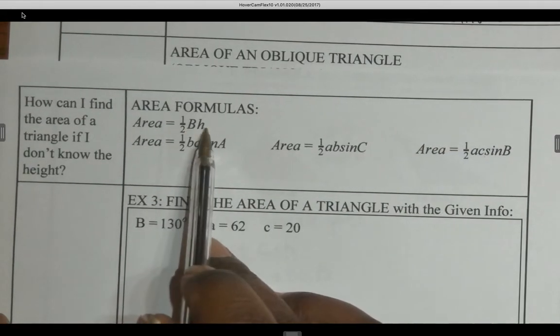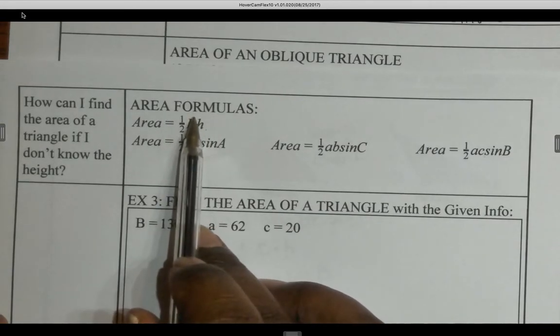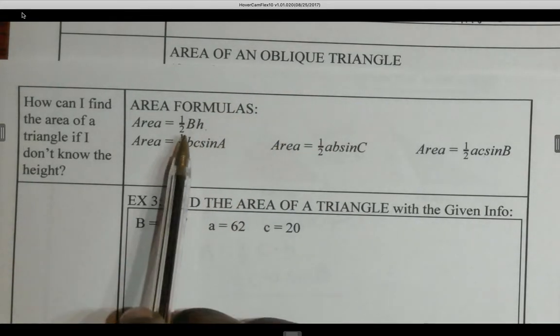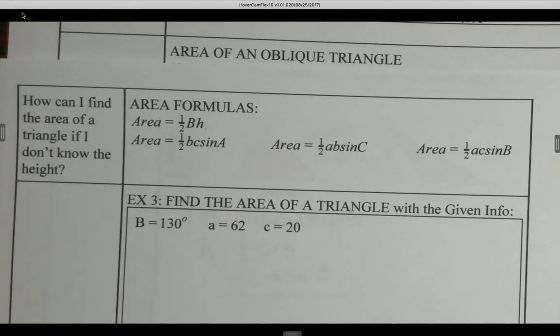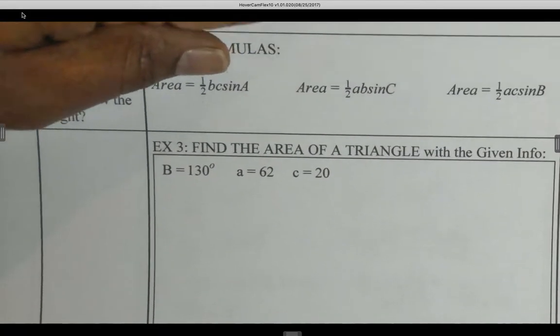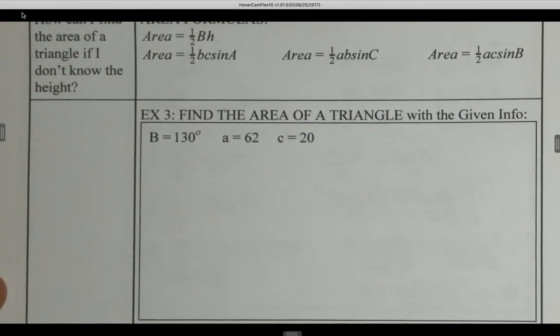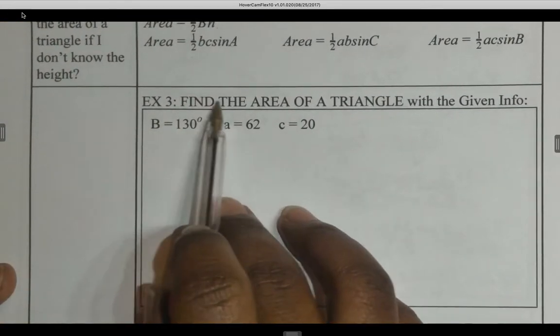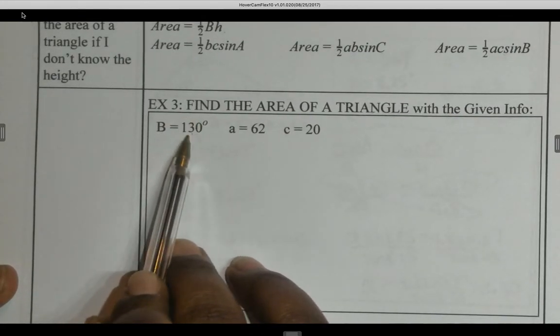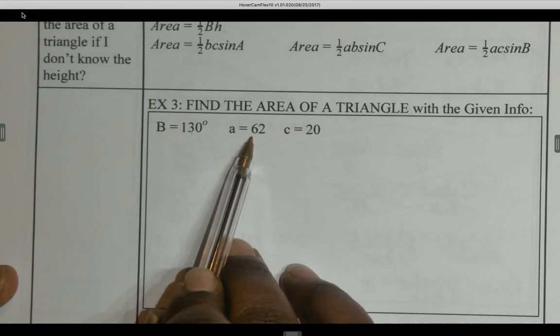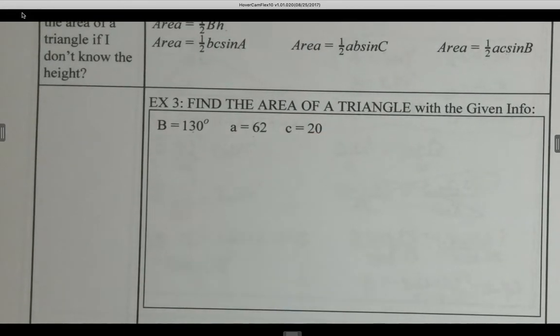If I know the base and the height, I'm definitely using the original formula, no matter what my triangle is. But if I know 2 side lengths and an angle, then I'll use the other formulas when I don't have the height. This example says find the area of a triangle with the given information. We're given that angle B is 130, side A is 62, and side C is 20.